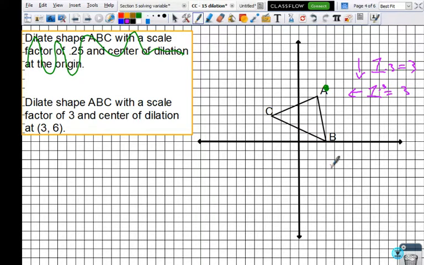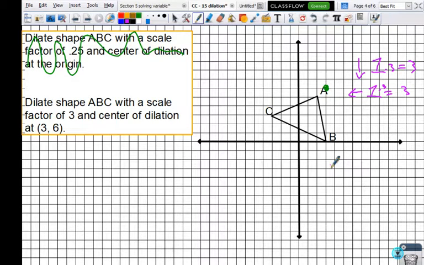Does it matter if you go horizontally first? It doesn't matter, as long as you make sure that this one started with down, it's gotta stay with down.